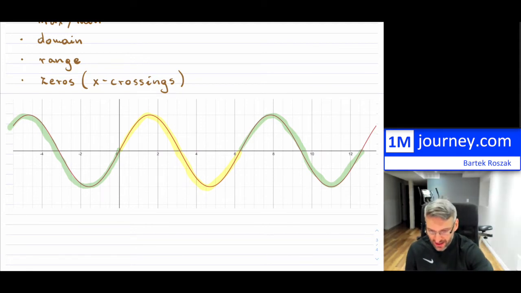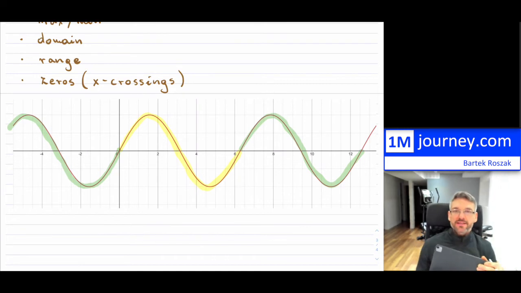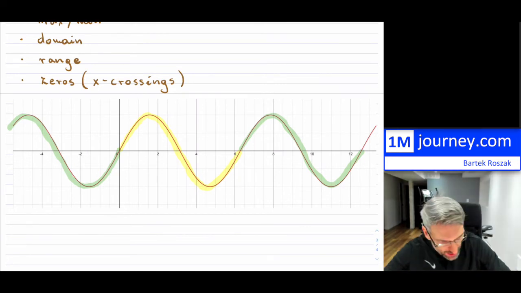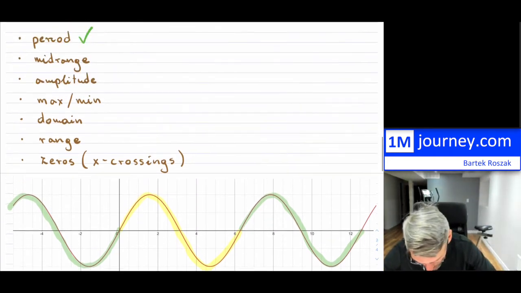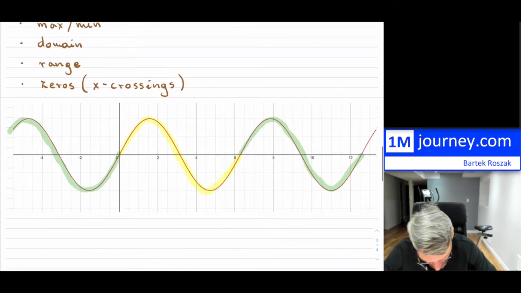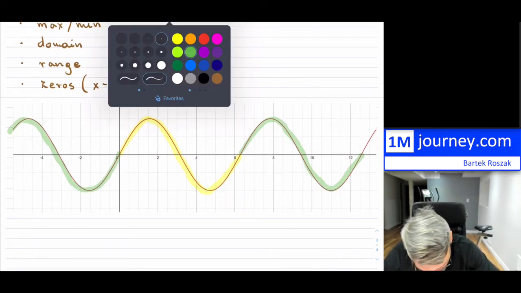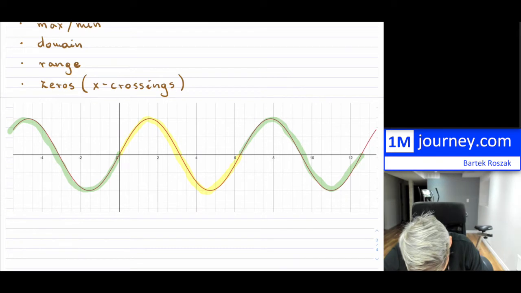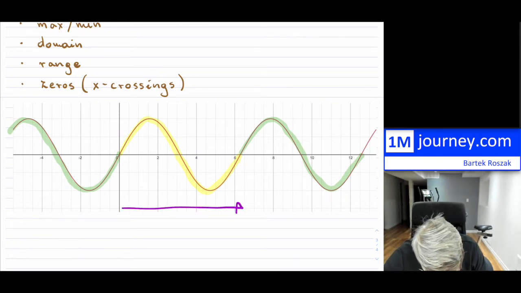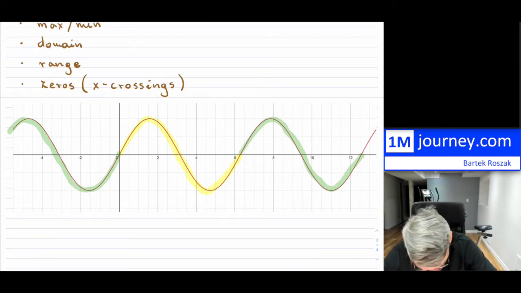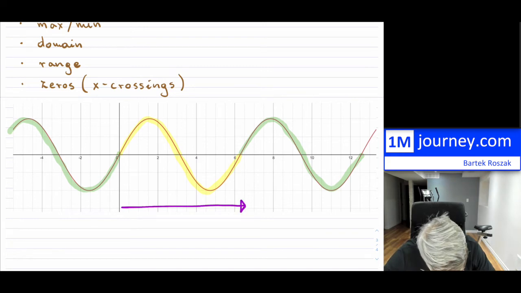Now we can take this and plot it up in here. If we're talking about period, the period would have been the length from here to here. Let's see if it's going to do a nice arrow. Not okay, so that's okay.